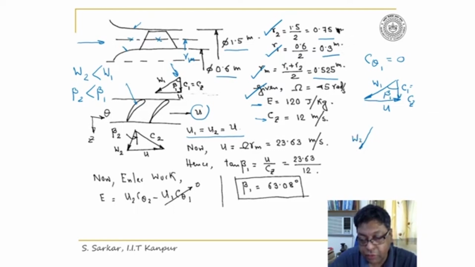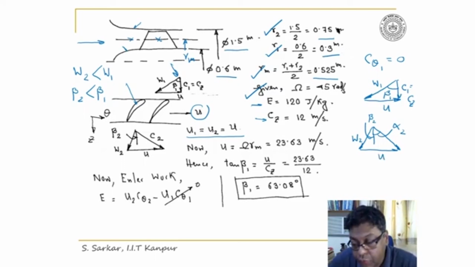Look, now W2 is less than W1 and this is U. So this is C2. This angle is beta 2 and this is alpha 2.